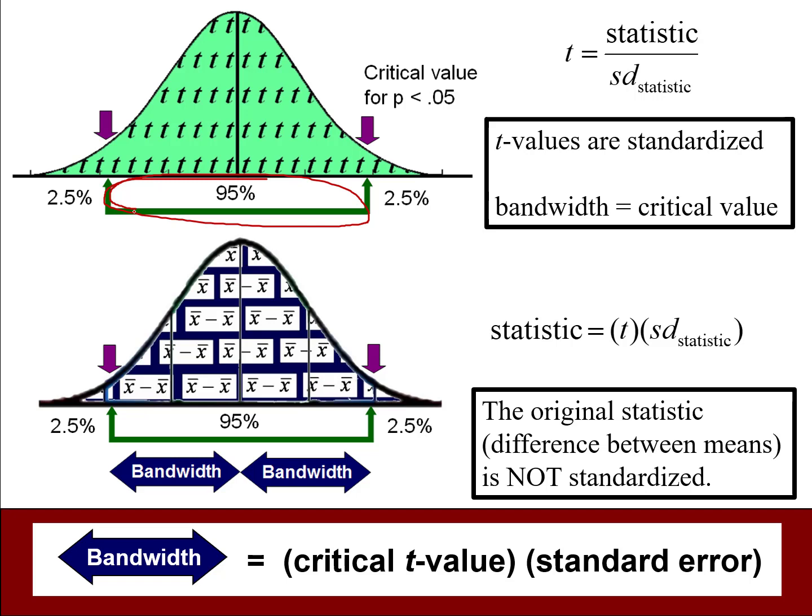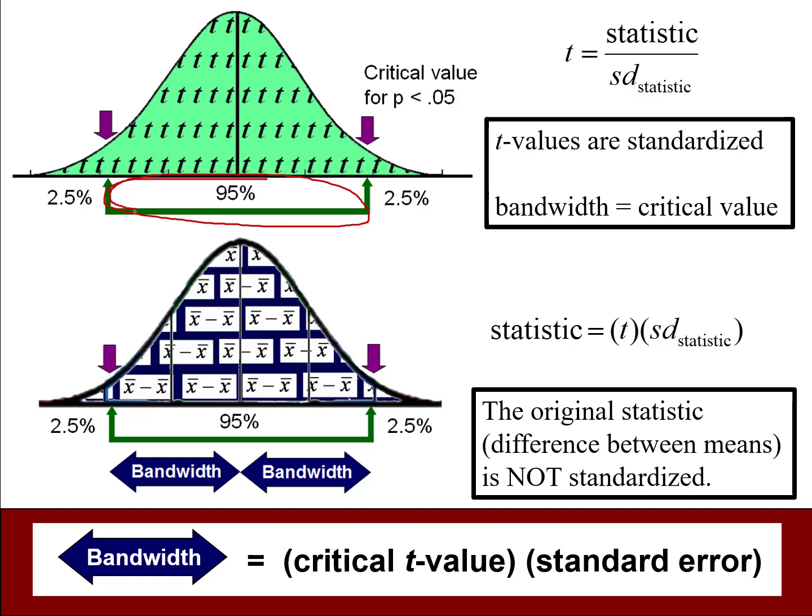But if I say the true mean difference is somewhere between a difference of 2 and a difference of 5, well, that provides useful information. So, whereas my critical value is giving me a bandwidth in standardized units, I want to unstandardize it. I want to unstandardize that bandwidth so that it gives me a bandwidth using the original scale for whatever statistic I'm working with.